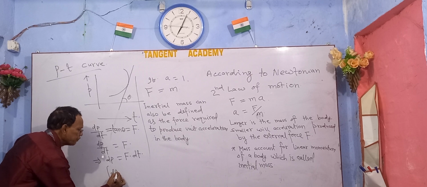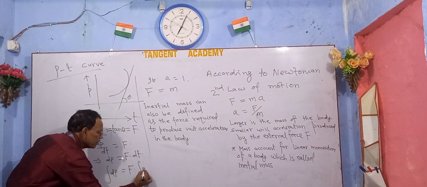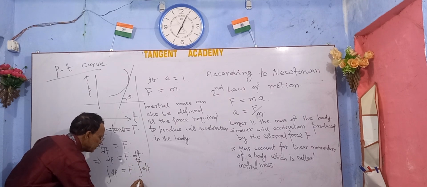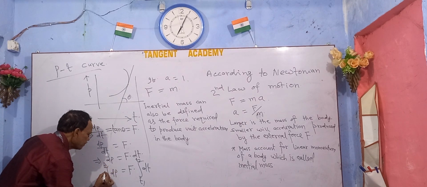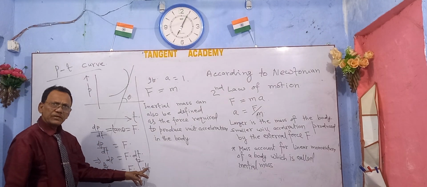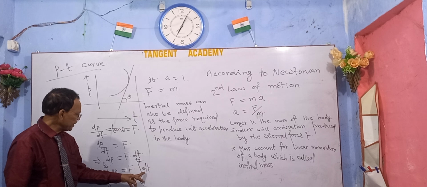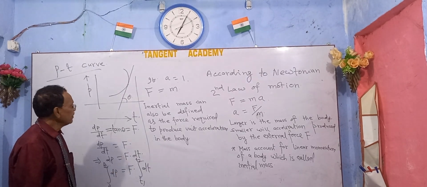Integral of dP equals F times integral of dt. Here F is constant, so F can be taken out of the integral sign.